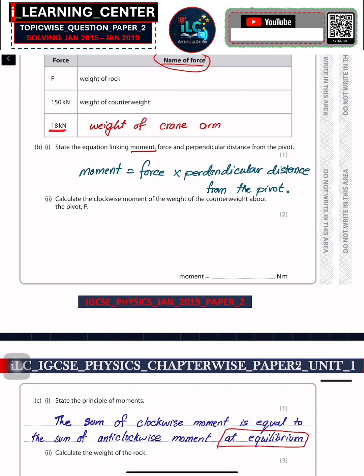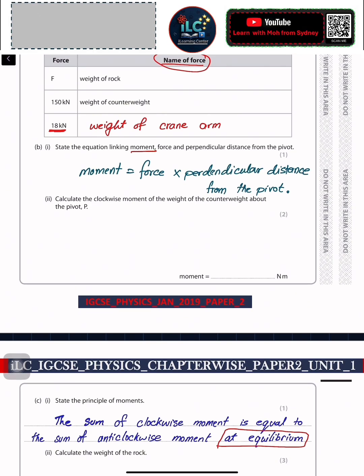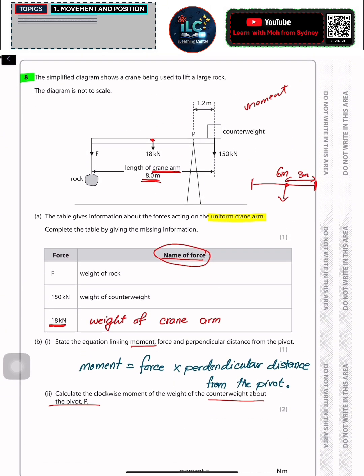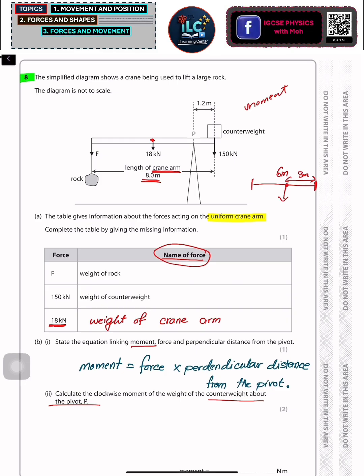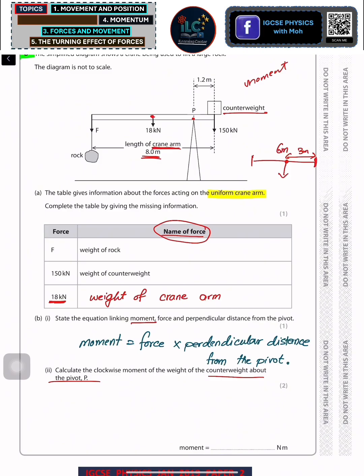Next question: calculate the clockwise moment of the weight of the counterweight about the pivot. So he's asking you to find the counterweight's moment. The counterweight is here, it's straightforward. The distance is always calculated from the pivot. Here you're lucky, it's given as 1.2.